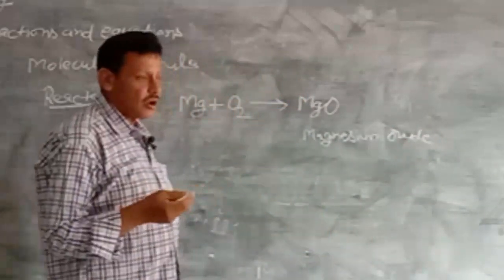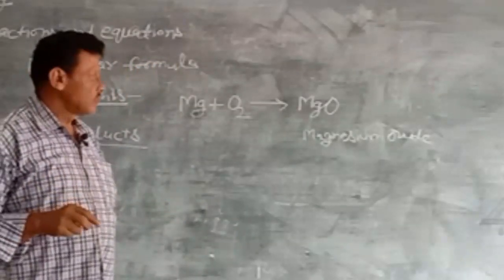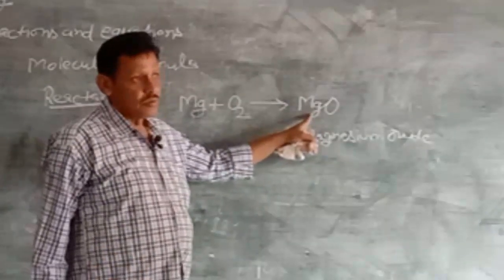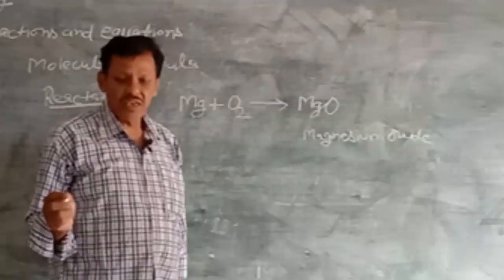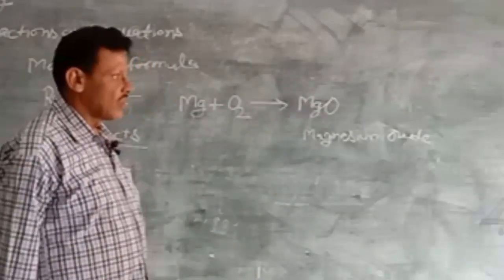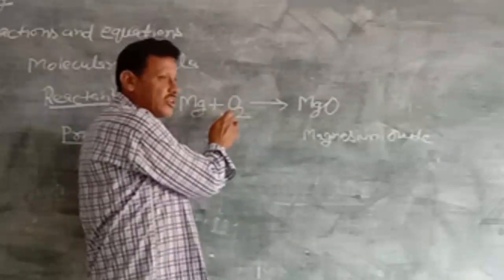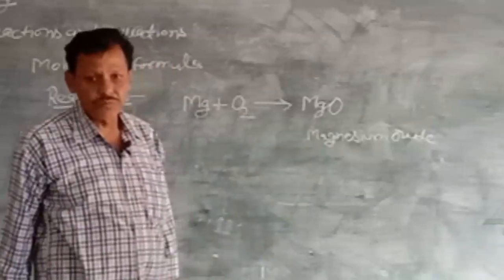Valency of magnesium is 2 and valency of oxygen is also 2. Then both the valencies are cancelled and the molecular formula of magnesium oxide is MgO. It is a chemical reaction. Mg is an element, oxygen is also an element, but magnesium oxide is a compound.